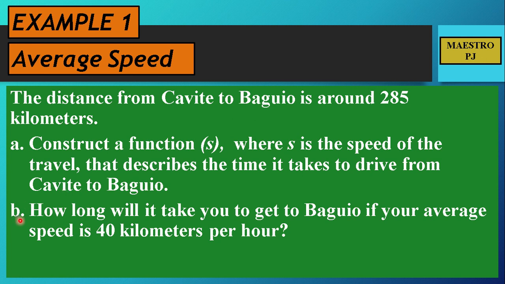At ang pangalawang task natin, how long will it take you to get to Baguio if your average speed is 40 kilometers per hour? So sagutan muna natin yung problem na nauna, itong letter A.